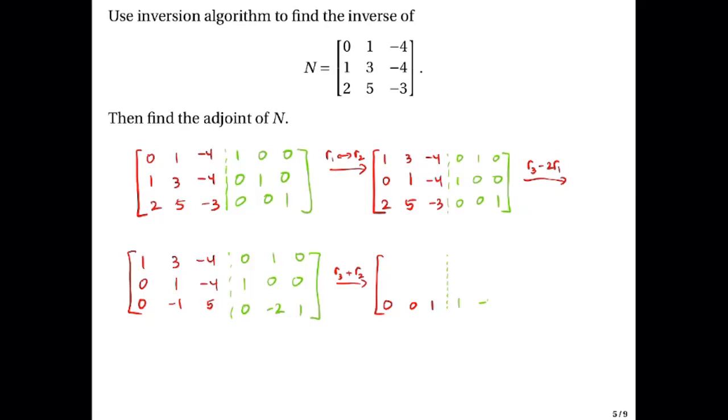That's still negative 2. The last one, that's still 1. Okay? And then we just copy the first row and the second row. So we have here 1, 3, negative 4, 0, 1, negative 4. On the other side, I have 0, 1, 0, 1, 0, 0. Okay?